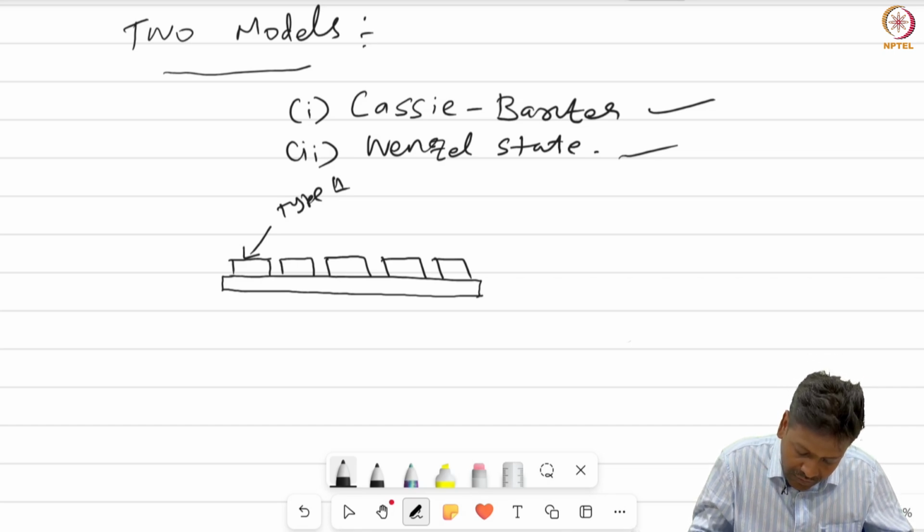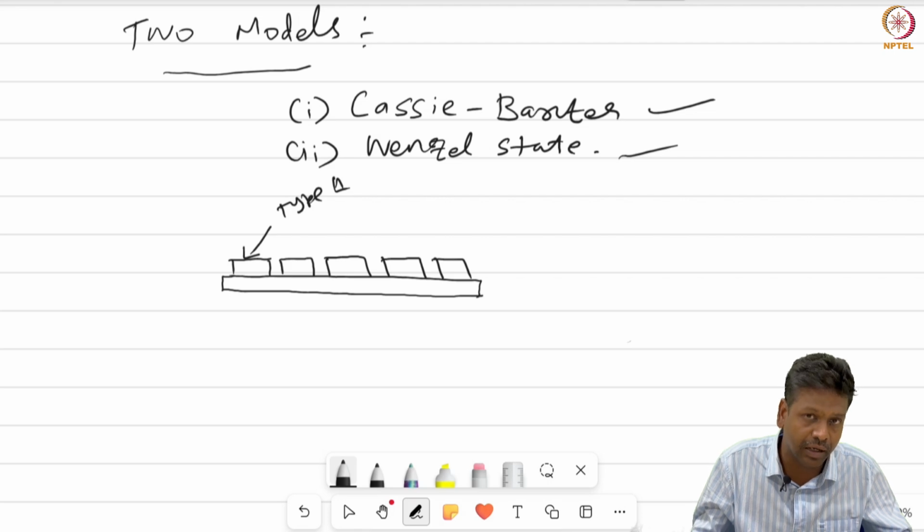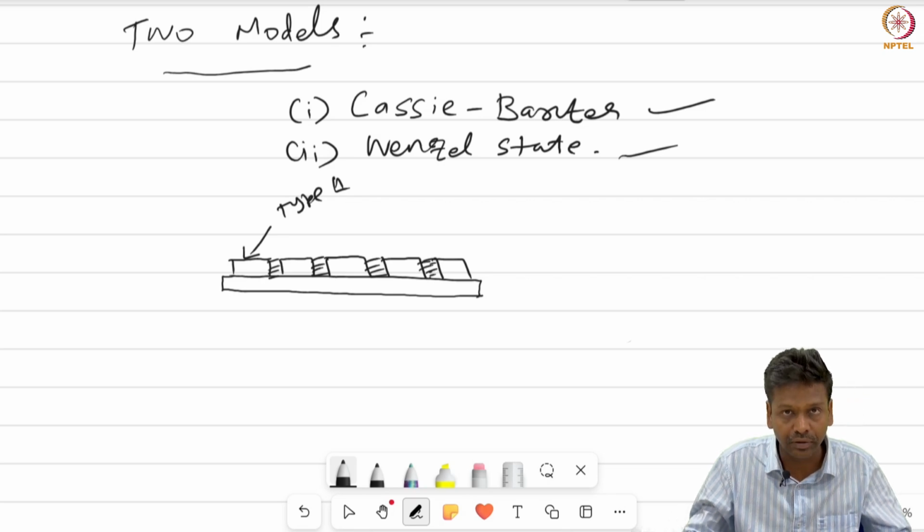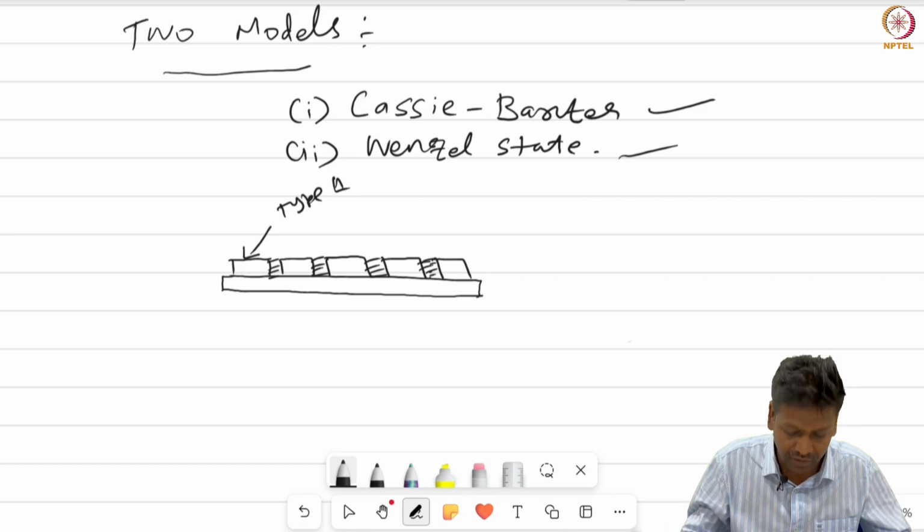In that case, you have a segment where the surface corresponds to type 1, and a zone which is filled with air pockets, because of the factor that we mentioned just now, which is a surface which has high porosity.